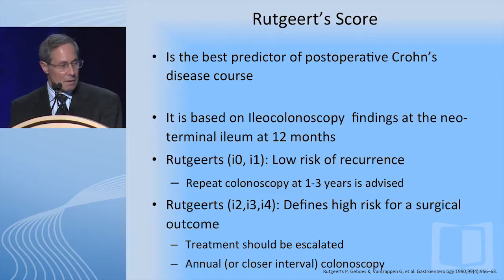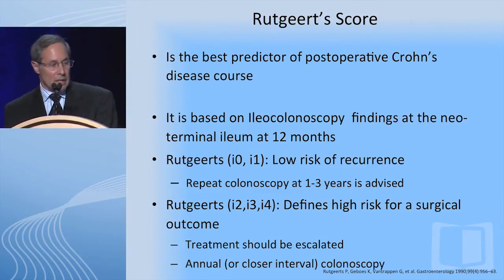The third image is an I2, where there are more than 5 aphthous ulcers, but normal intervening mucosa. On the bottom left, an I3, which is ulceration with no intervening normal mucosa, and an I4 is the most severe form with severe ulceration and or nodularity, cobblestoning, and stenosis.